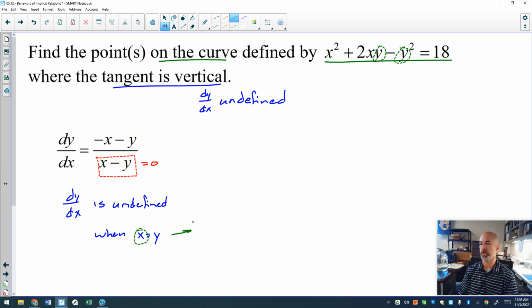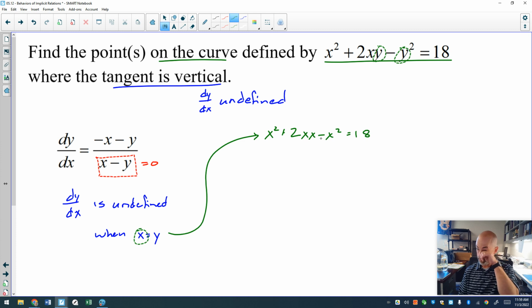So this gives me the equation x squared plus 2 times x times x, minus x squared is equal to 18. And that's x squared plus 2x squared minus x squared. That gives me 2x squared is equal to 18, which is going to give me x squared is 9.